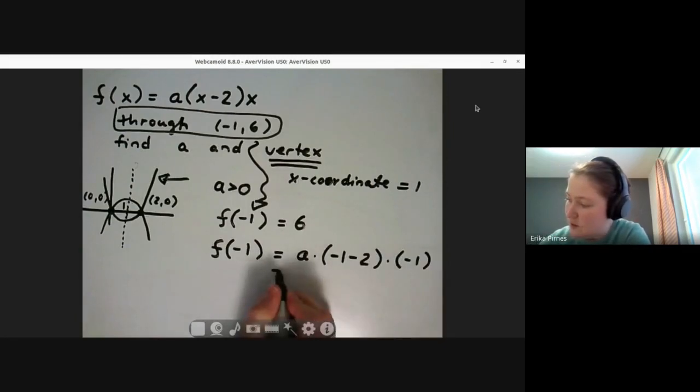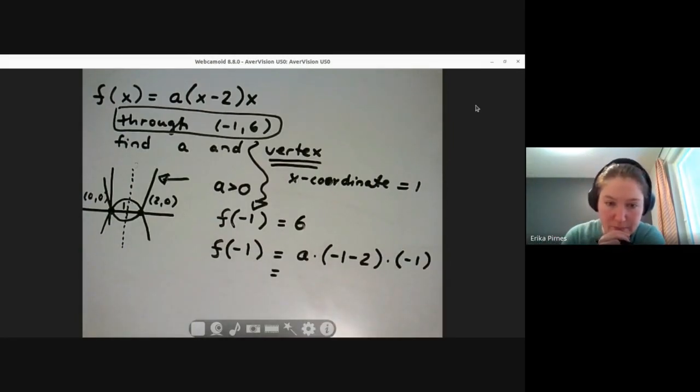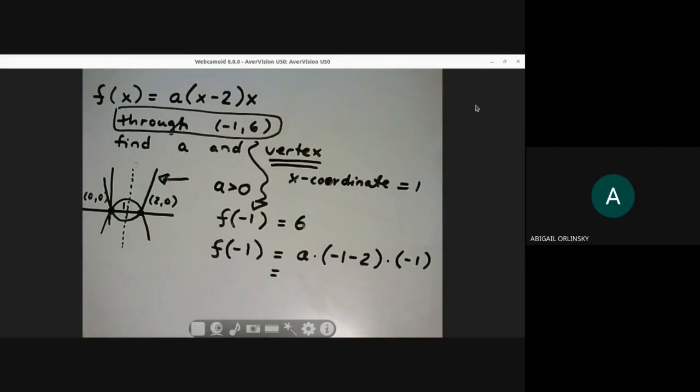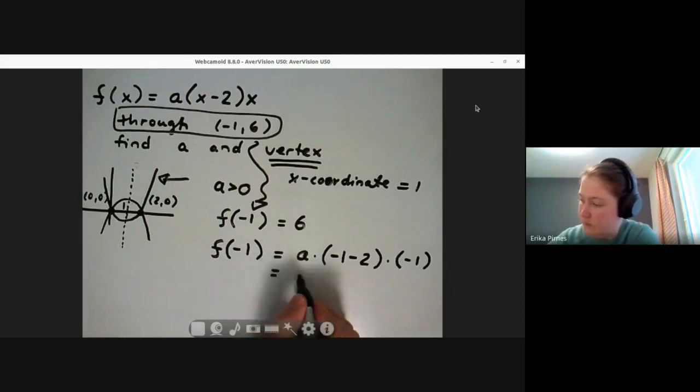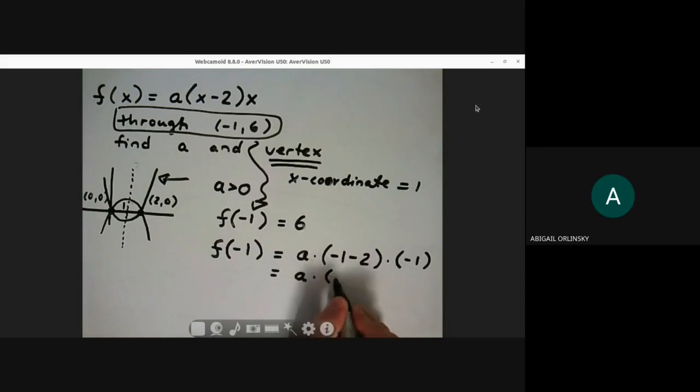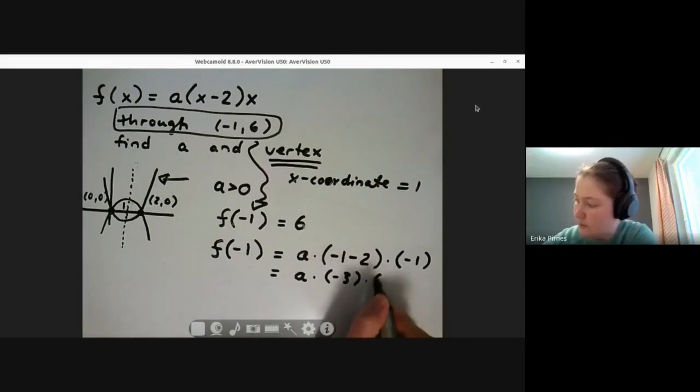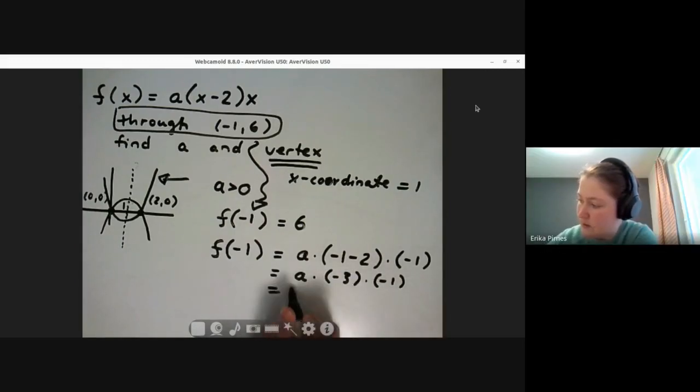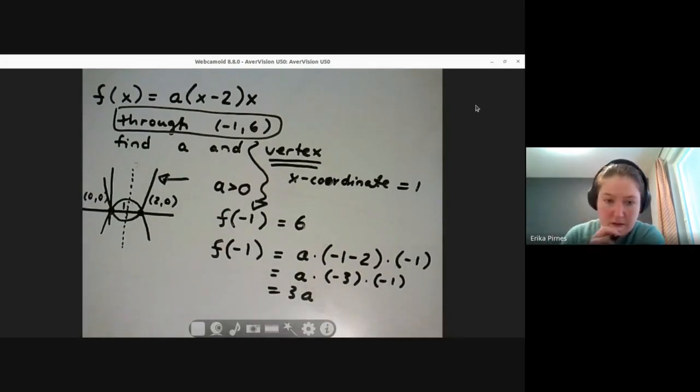Good, and then let's simplify that. What do we get? So that would be a times -3 times -1, which would be 3a. Good. And do you have an idea what we would do next?